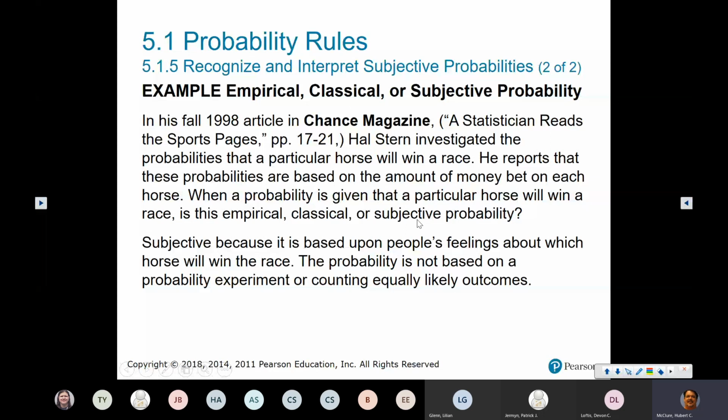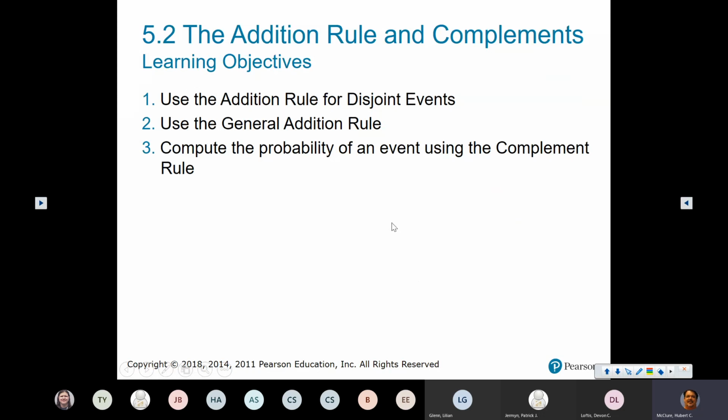I'm looking to see if there's any. Subjective means that I want to get into subjective later. I think I'm going to stop right here. We're going to stop at subjective. That's okay with y'all?